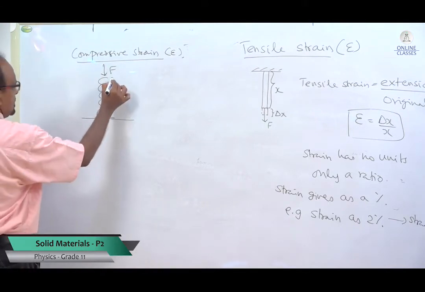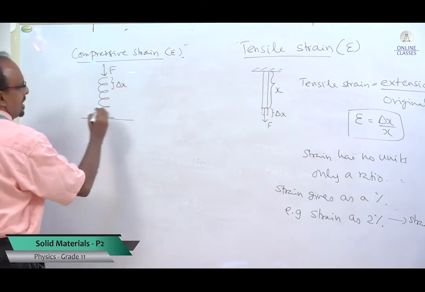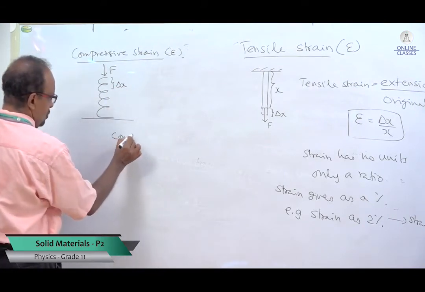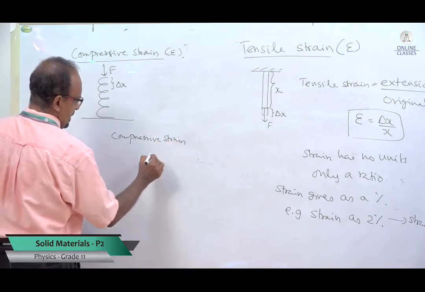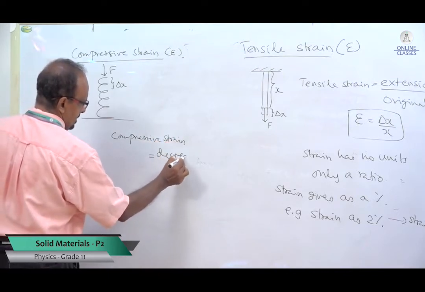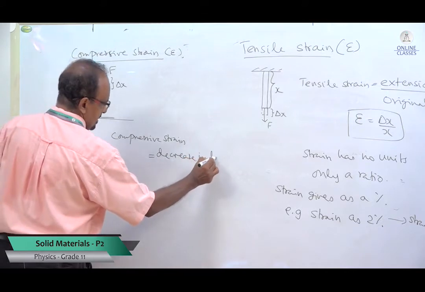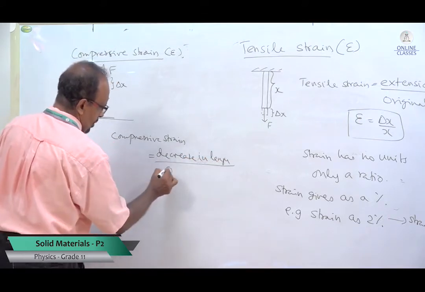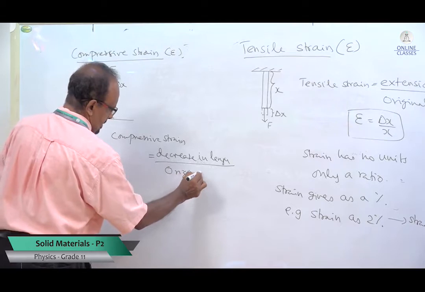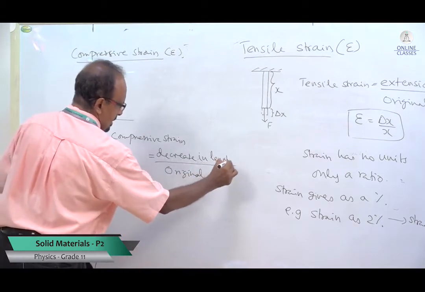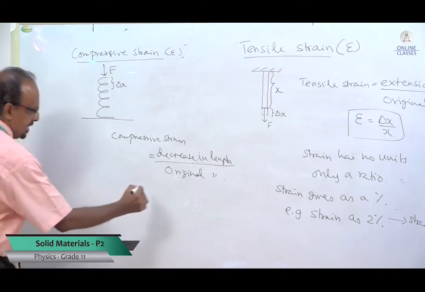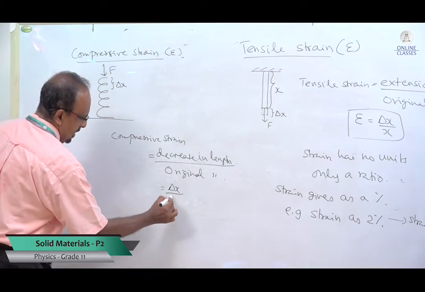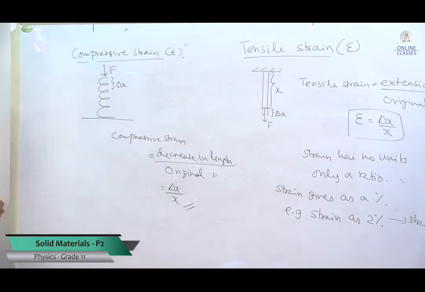If the spring is decreasing its length, compressive strain is equal to decrease in length divided by original length. In the same way we can use delta x over x, no units, only a ratio.